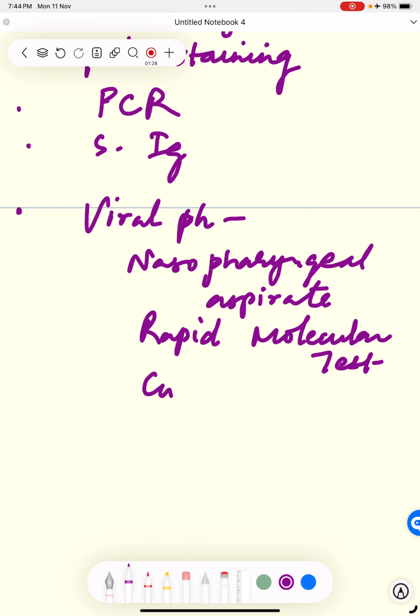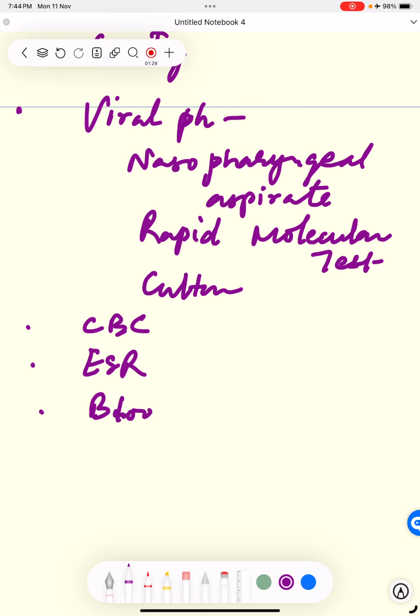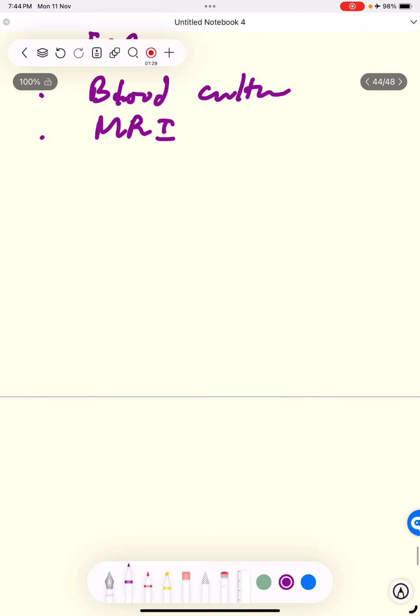And you definitely can go for culture. Other tests that you can definitely go for is CBC, ESR, which usually will be raised, and in about maybe 5 to 10% of the cases we might need to go for blood culture, or in advanced cases MRI, right?